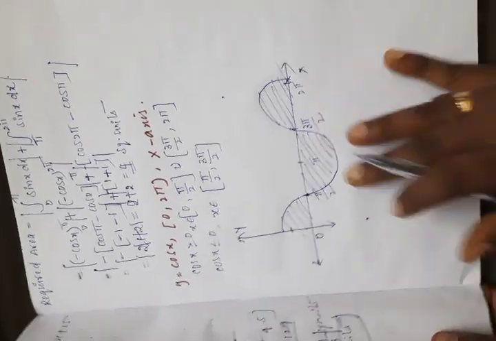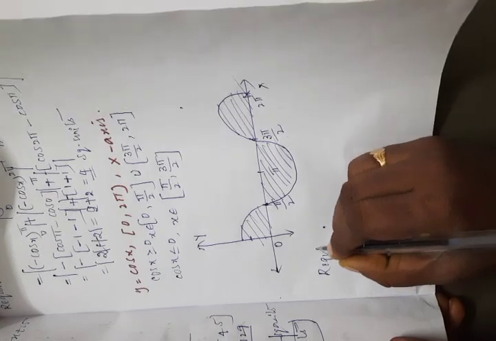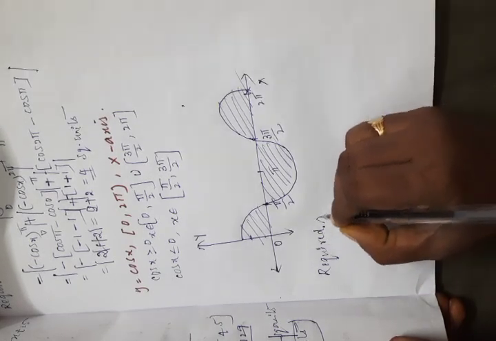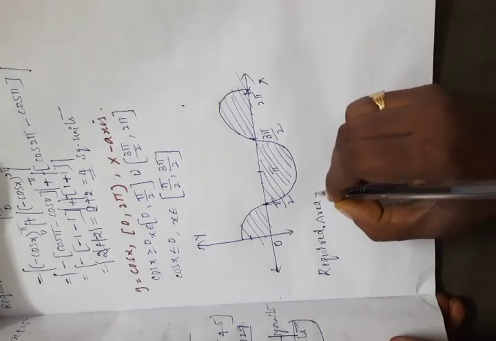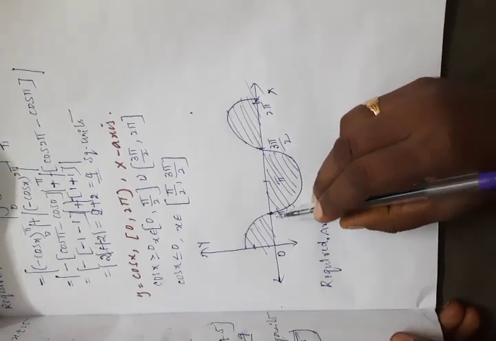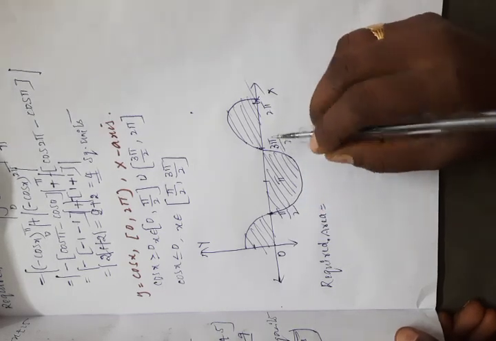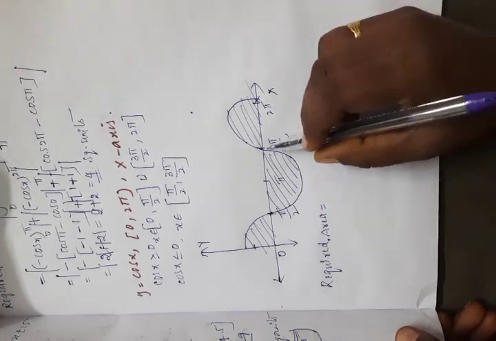Therefore the required area is equal to the area of the region between 0 to pi by 2 plus the area of the region between pi by 2 to 3 pi by 2 plus the area of the region between 3 pi by 2 to 2 pi.